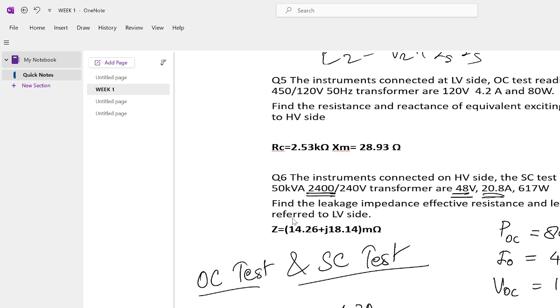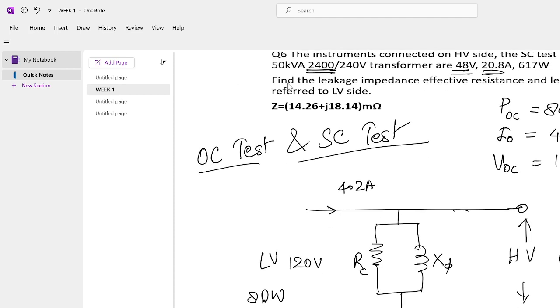These values are with respect to the high voltage side. In the question it is asked to find the leakage impedance and effective resistance referred to the low voltage side.